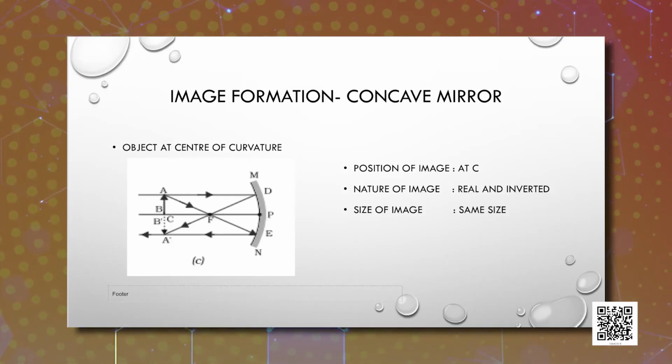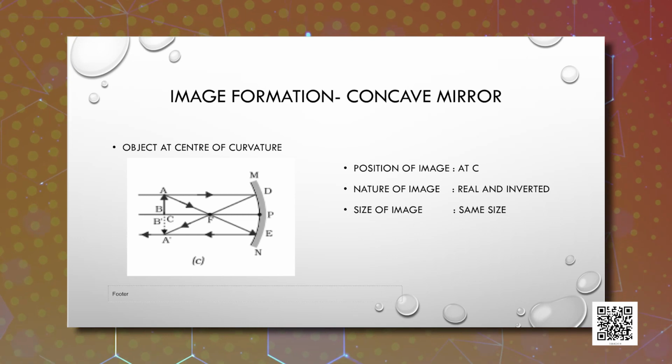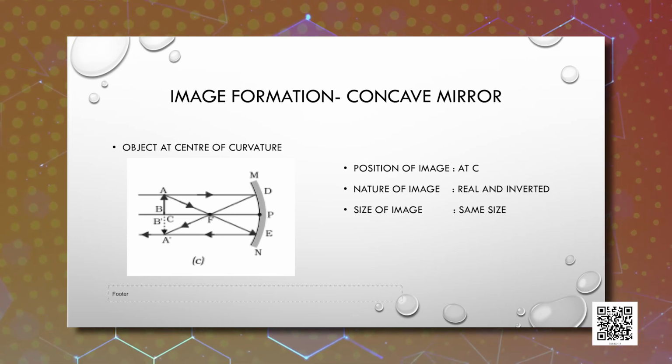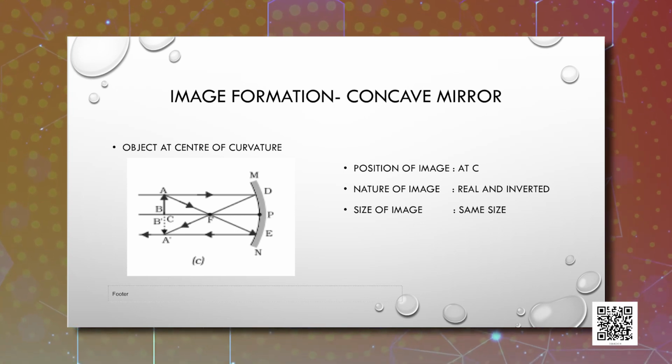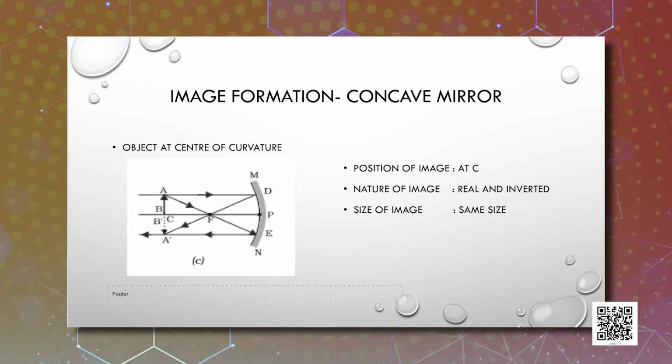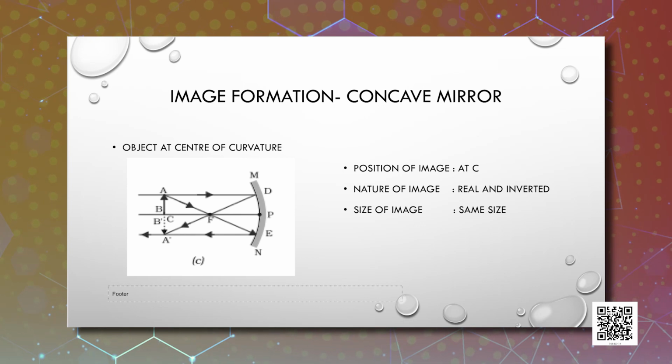Now we will move on to the next case, when an object is placed beyond the center of curvature of the concave mirror. In order to frame the image, we will consider a ray starting from the object and incident parallel to the principal axis. As seen in the figure, after reflection, it will pass through the focus of the mirror.